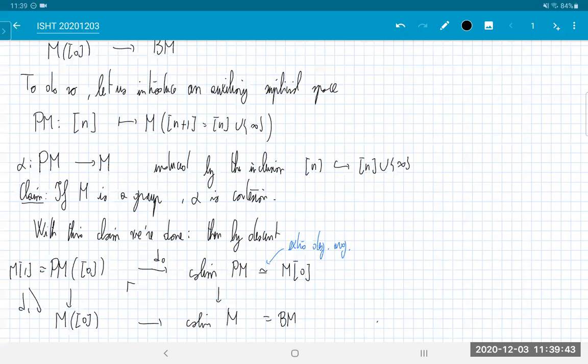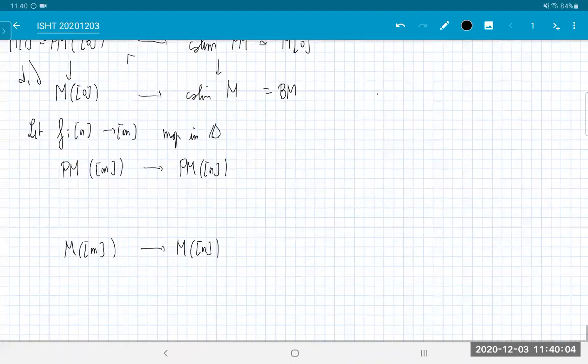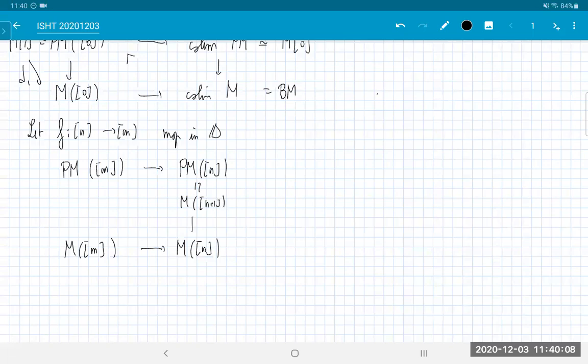So you have this, which is just P of M, which is just adding a base point. Okay, I'm going to give you the formal proof in a second.